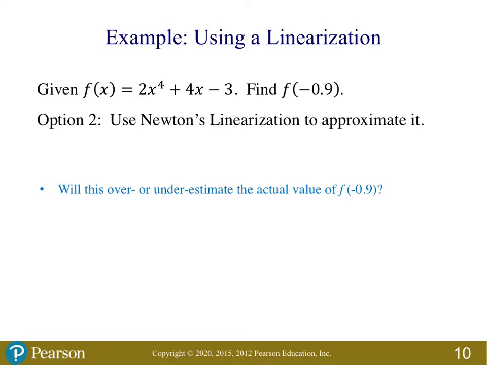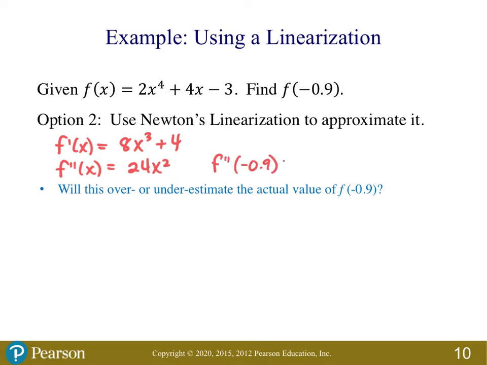And so looking at f prime of x, we'll have 8x to the third plus 4. And then looking at f double prime of x, we'll have 24x squared. Now that second derivative is always going to be positive no matter what I plug in. When I plug in negative 0.9 into the second derivative, and I've got 24 times negative 0.9 quantity squared, that's going to turn that whole thing positive.